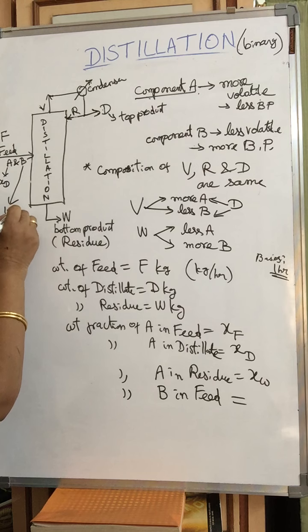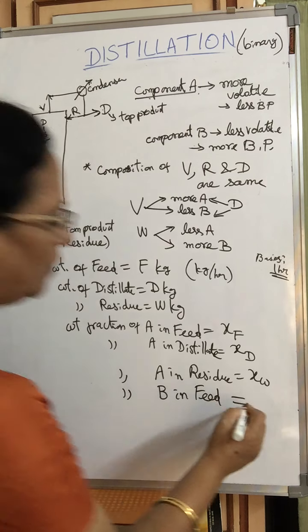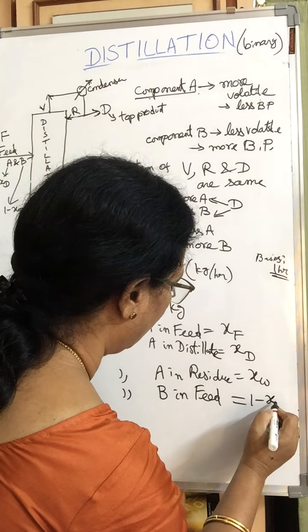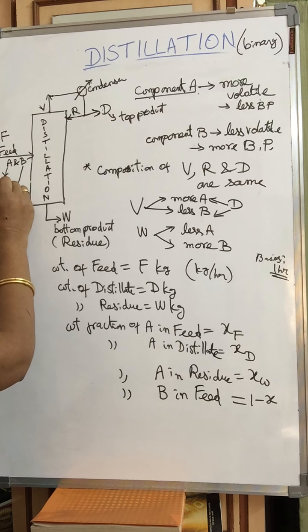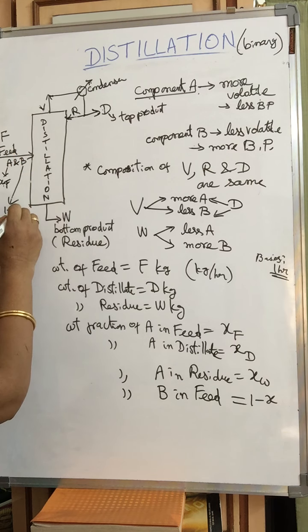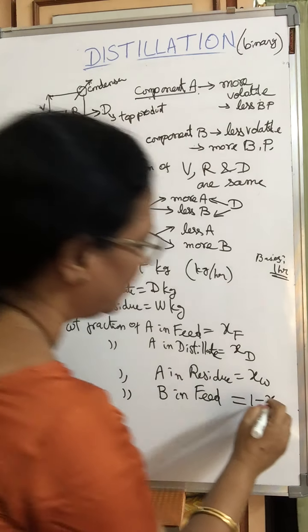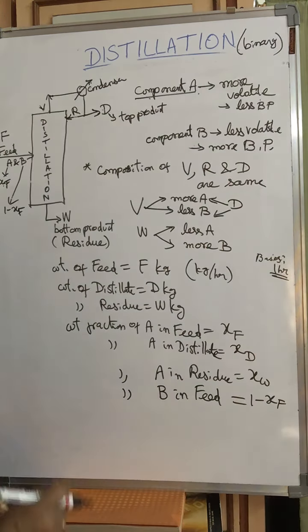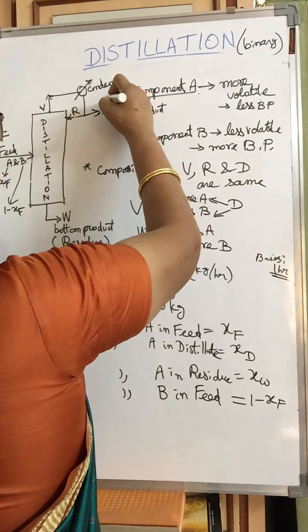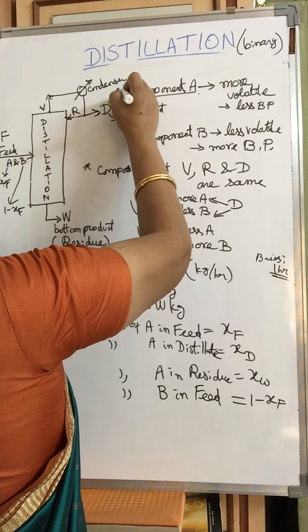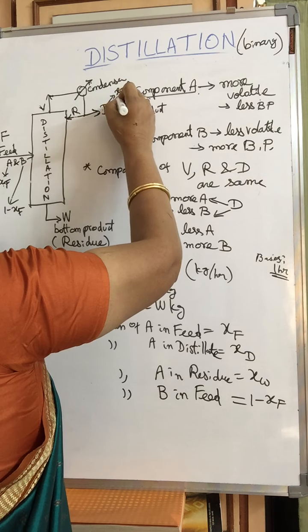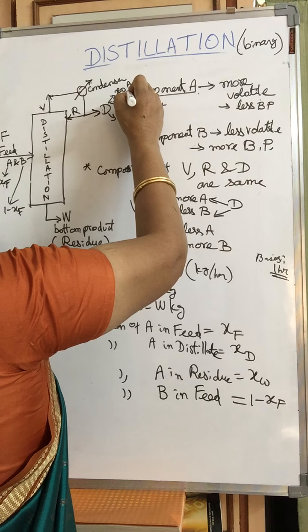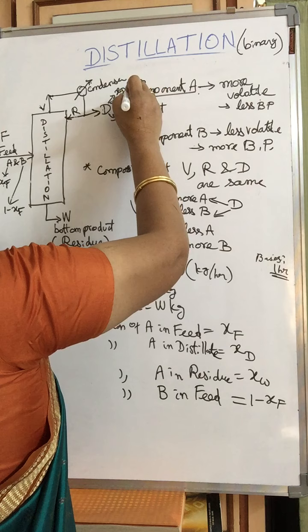It is 1 minus XF. Okay. So similarly here, this we assumed as XD. A is XD. Therefore here 1 minus XD is B.